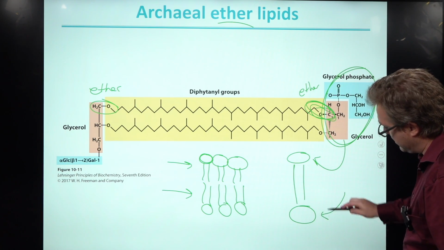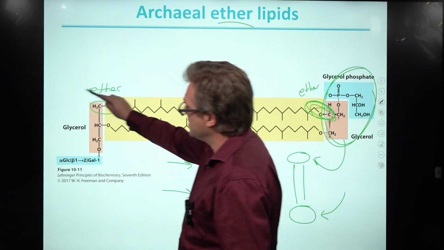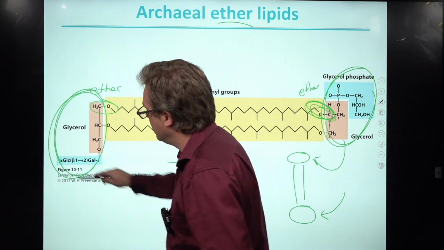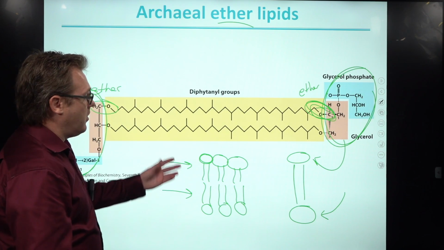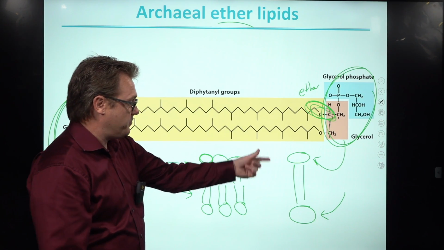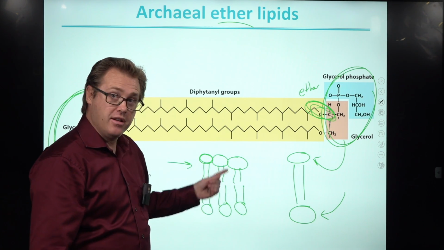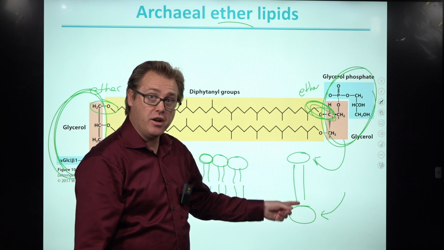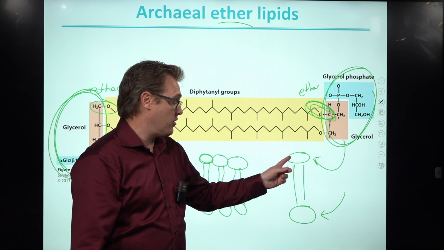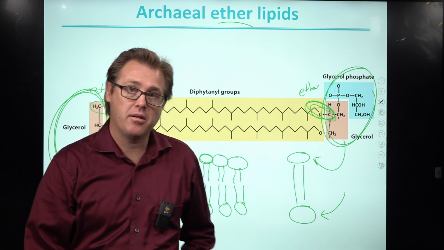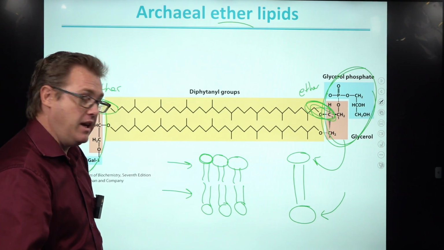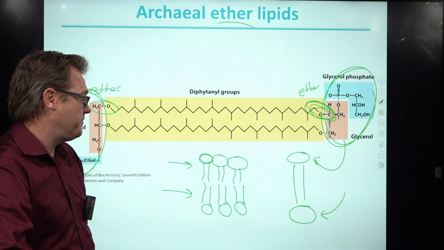And then this one right there is going to be this piece right there. And so some species don't have a bilayer. They just have a monolayer that creates their membrane, which is unique and really interesting.